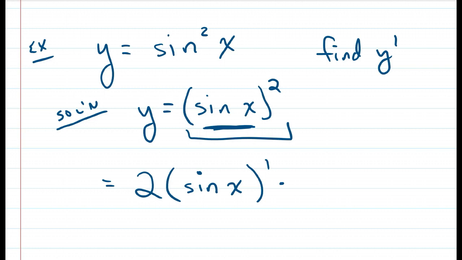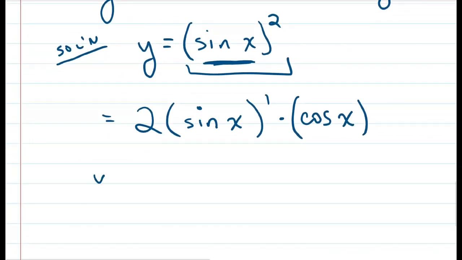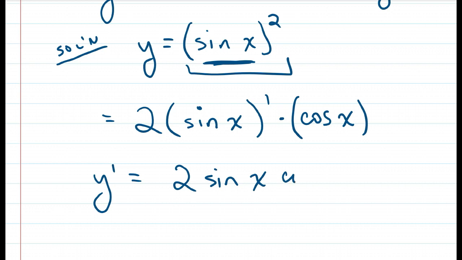The derivative of sine x is cosine x. All right, and now we can say y prime is equal to, we don't need the parentheses, and we don't need to raise it to the first power, that's implied. Y prime is equal to 2 sine x cosine x.